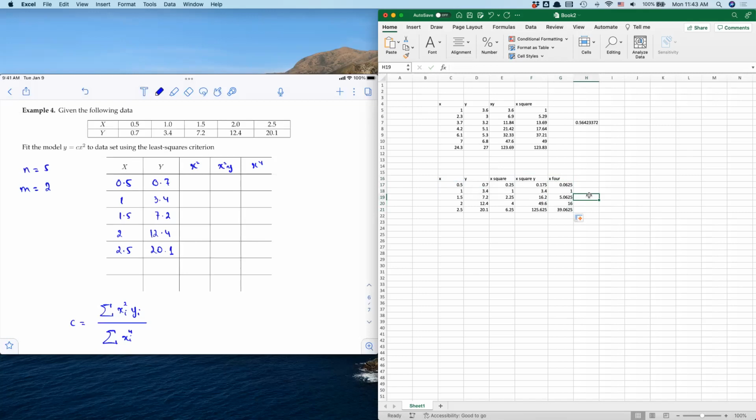You're going to write all the information into our table. So x squared is 0.25, 1, 2.25, 4, and 6.25. X squared times y is going to be 0.175, 3.4, 16.2, 49.6, and 125.63.